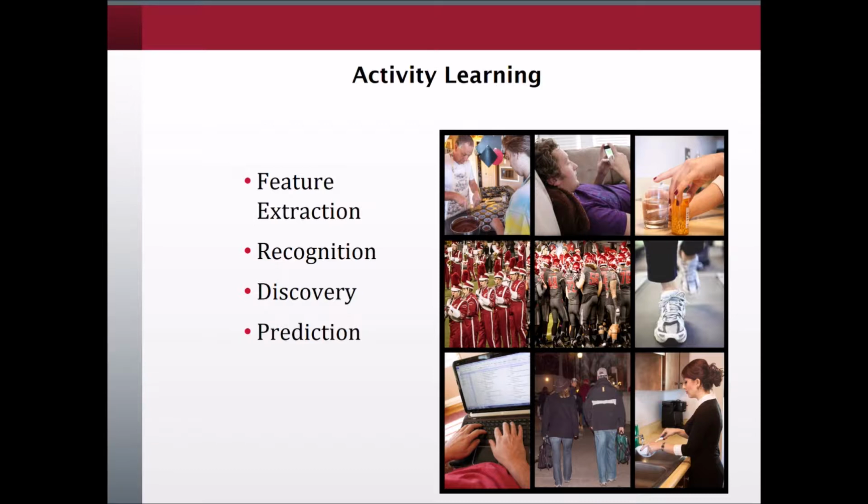We will start by describing techniques for assessing these features that provide contextual information from the sensor data, and then we'll describe methods of mapping such a vector of feature values to an activity label, or performing activity recognition. Next, we will introduce ways of automatically discovering activity patterns, and lastly, we'll introduce methods for forecasting future occurrences of targeted activities, or performing activity prediction.